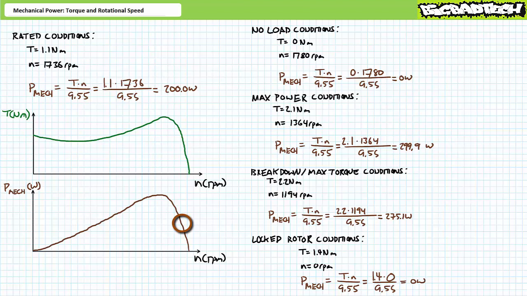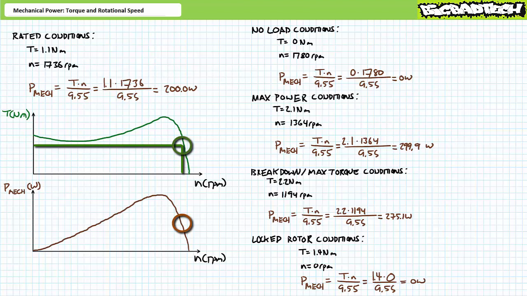This is an important operational point because customarily motors are operated at or near the rated condition. At the rated condition, the motor turns at the rated speed, exerts the rated torque, and produces the rated power. This is the data you would most likely see on a motor nameplate because it's normally the most efficient means of operating that particular motor, or nearly so.